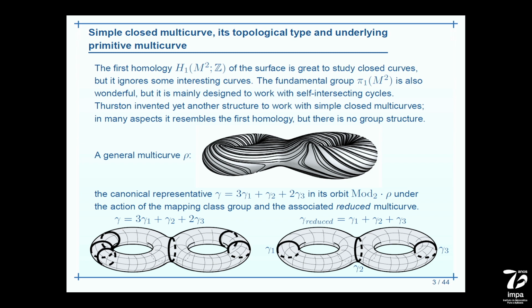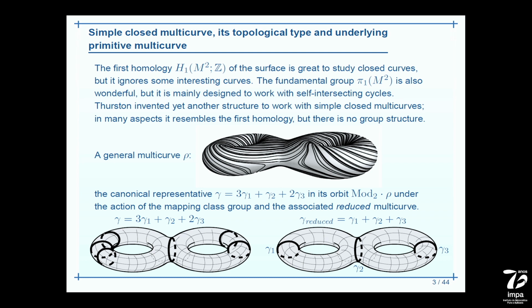So here, the appropriate language is the space of measured laminations suggested by Thurston. It somehow resembles homology. It has a piecewise linear structure, but it doesn't have a group structure. So I would hide most of the main part of measured laminations under the carpet.